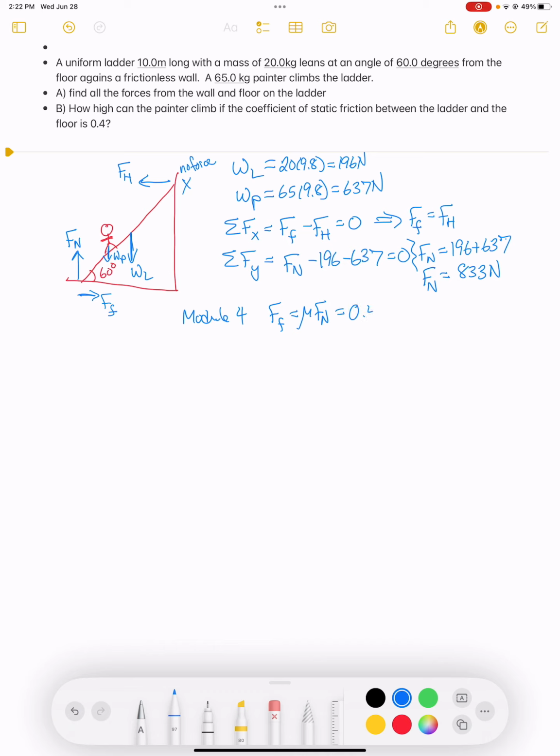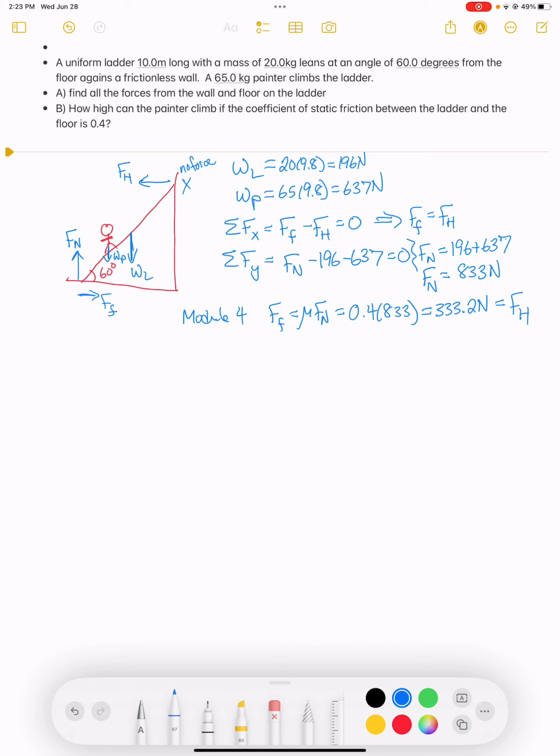So it's going to be 0.4 times 833, which is 333.2 newtons, and that's also equal to Fh. So I have now found all my forces just using the 2 force equations.